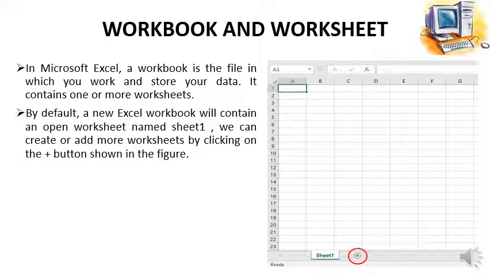By default, a new Excel workbook will contain an open worksheet named Sheet 1. We can create or add more worksheets by clicking on the plus button shown in the figure. Here in this figure we can see that the plus button is red encircled. So if we want to add some other sheets in our workbook, we have to click on this button and sheets will be added in our workbook.